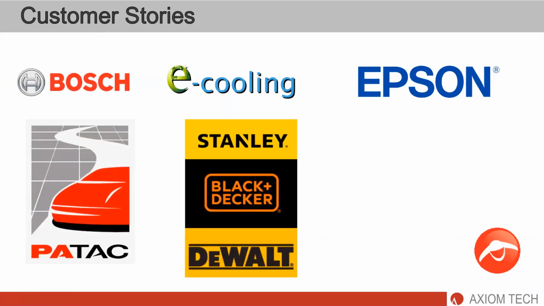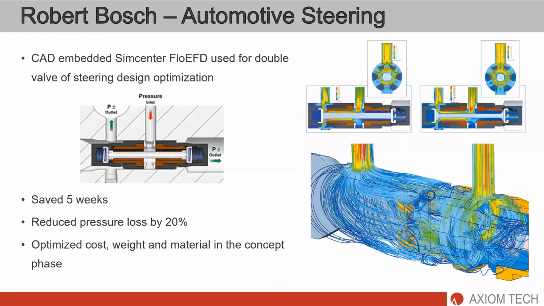Now I would like to show you some customer stories. The first story is from the Robert Bosch company. It's about automotive steering. One of the customer success stories is the case of steering double valve optimization using the CFD tool FloEFD, by the Robert Bosch company.